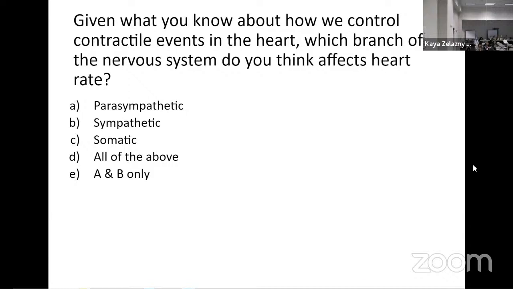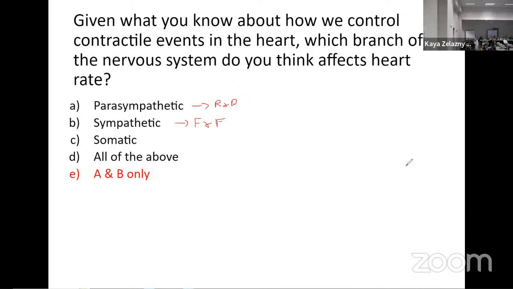So one of the things we want to remember is that our heart, that cardiac muscle, is an effector organ for our autonomic nervous system. So we have our fight or flight, sympathetic part of the nervous system. We have our rest and digest part of the autonomic nervous system. They're both autonomics.